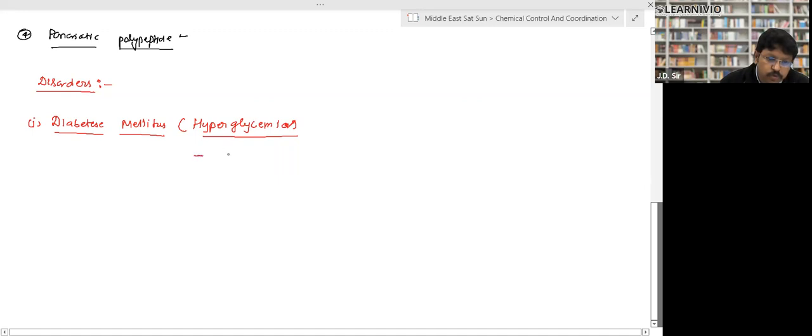So it is caused due to deficiency of insulin. The sugar level increases in blood. Right?